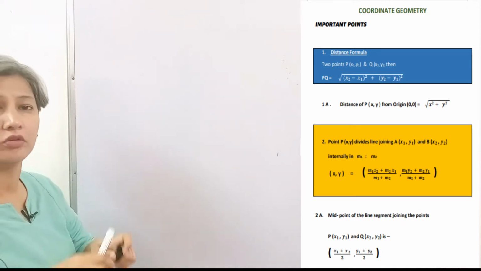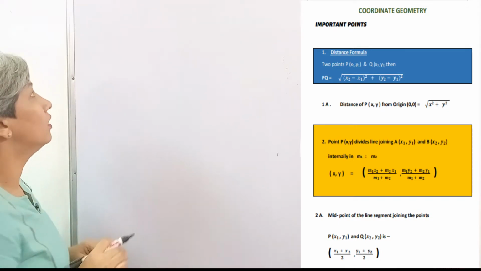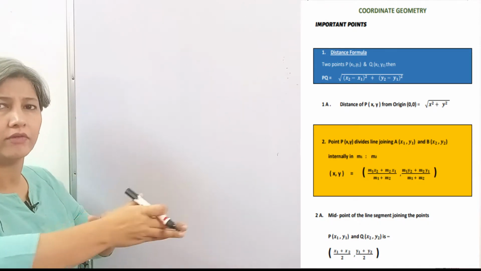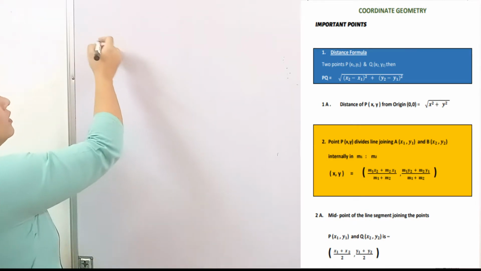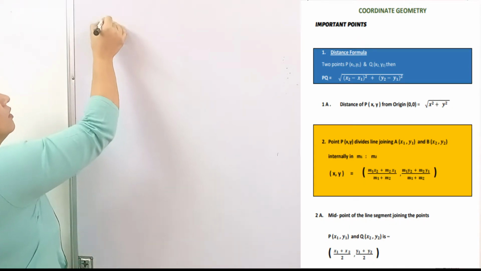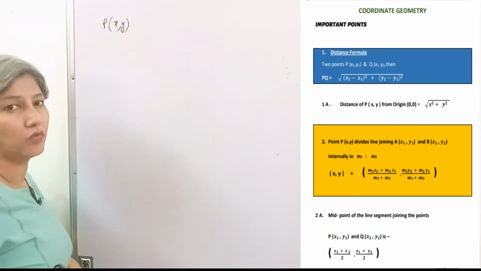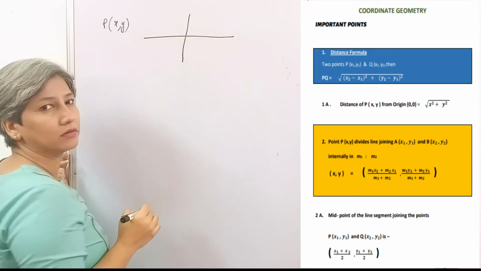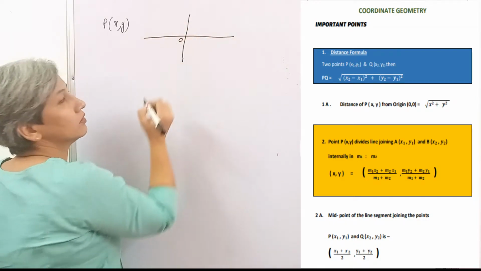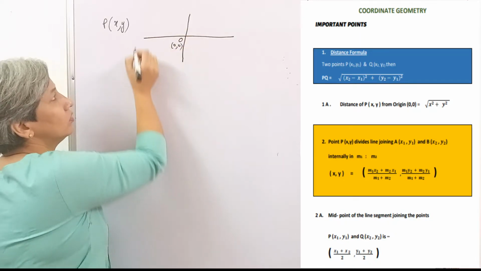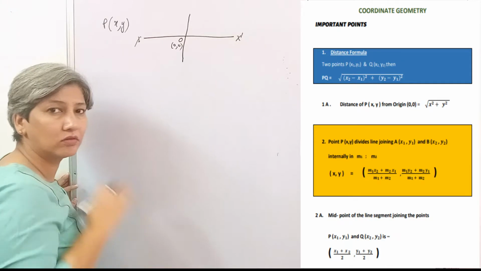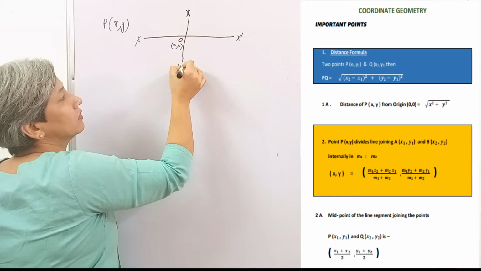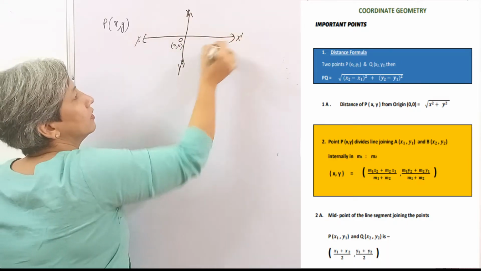Before we start with the distance formula, let me quickly refresh the point system, which you already know. I know we've done it in real numbers and polynomials also. Any point P, say (x, y), can be plotted on my number system, where this is my origin (0, 0), the horizontal line is the x-axis, and the vertical line is the y-axis.